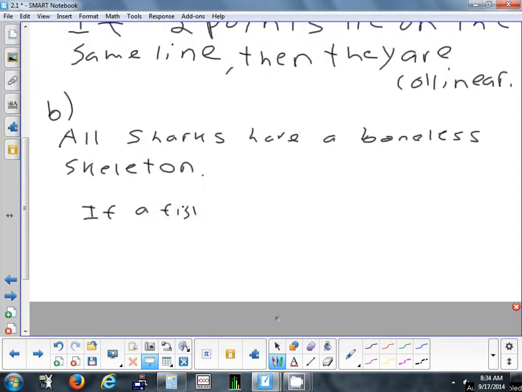So if a fish is a shark, then this statement is true. Okay, so if a fish is a shark, then, and now I can use the word it, because I've already specified my subject at the beginning of the sentence. Or I could write the word fish again. If a fish is a shark, then the fish has a boneless skeleton. There's a couple ways you could do it, but I'm just going to say, if a fish is a shark, then it has a boneless skeleton.